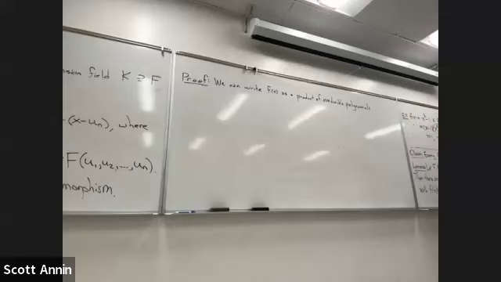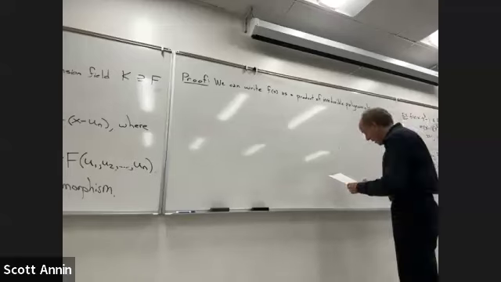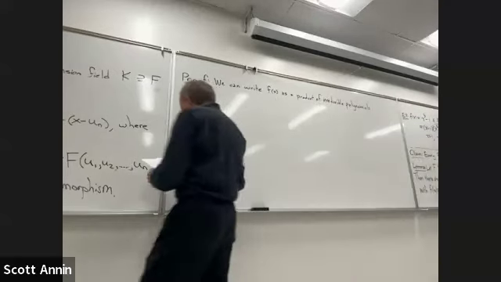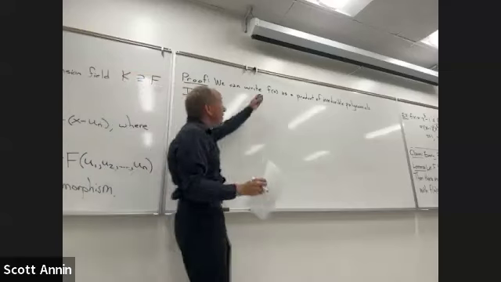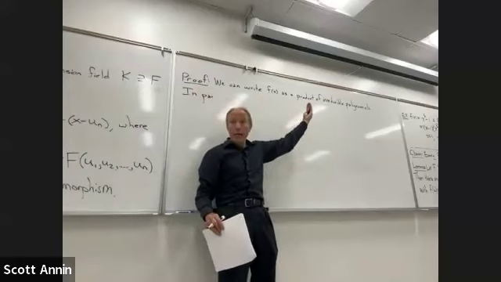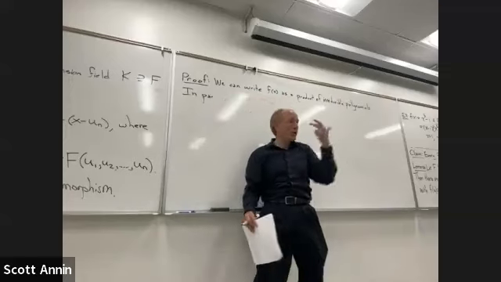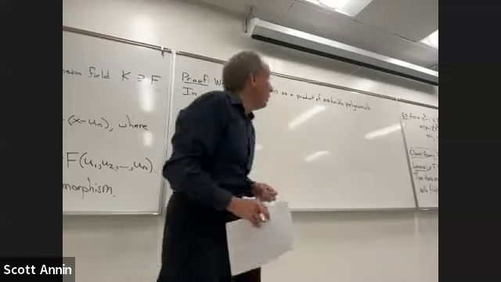You're in a unique factorization domain, so you can factor f of x down somehow. It could be that f of x itself is already irreducible, in which case this product just consists of f of x alone.